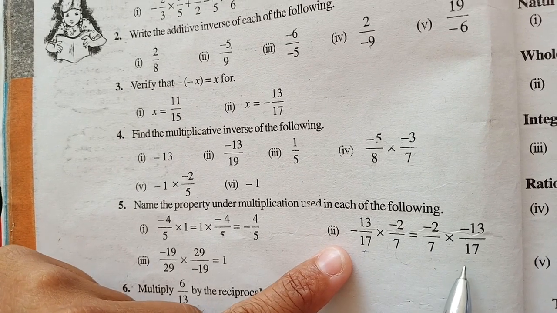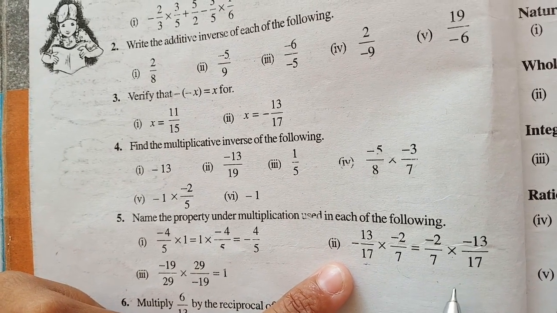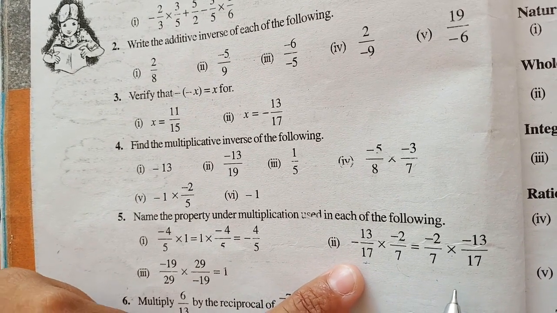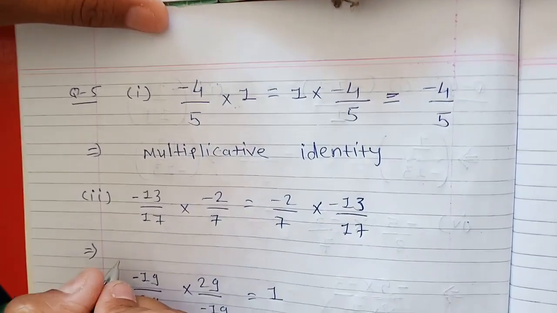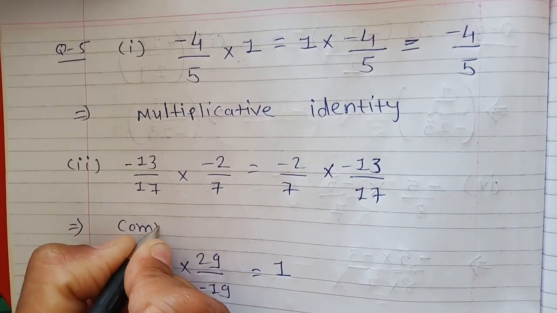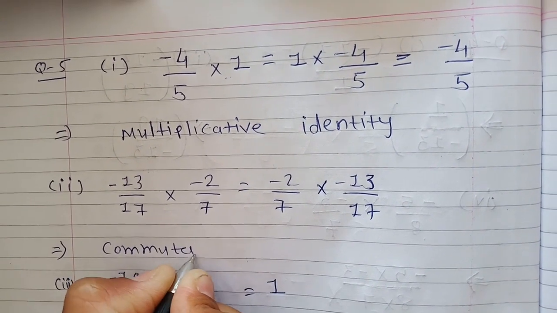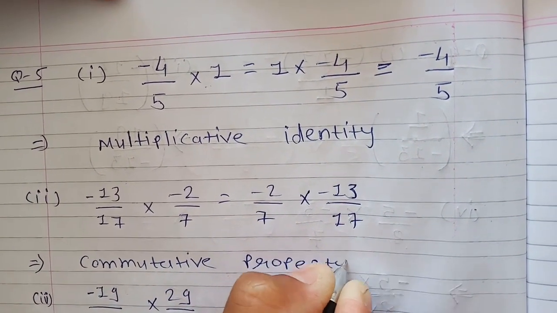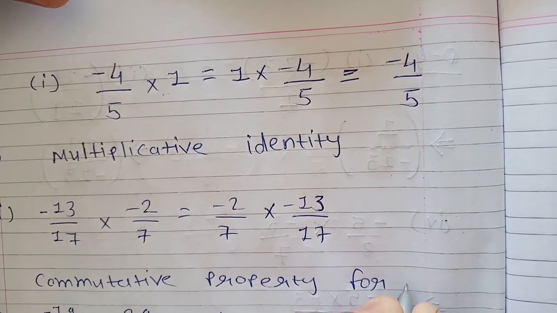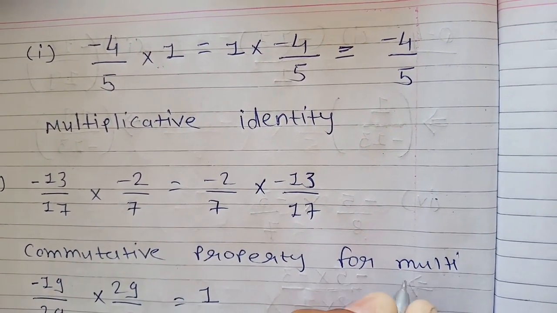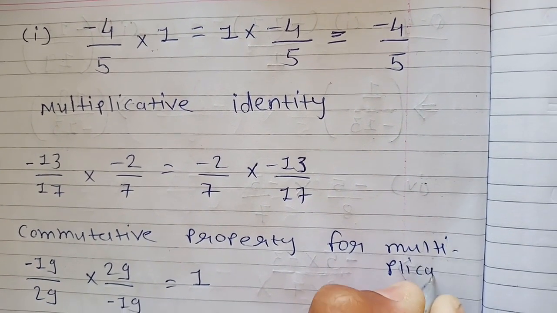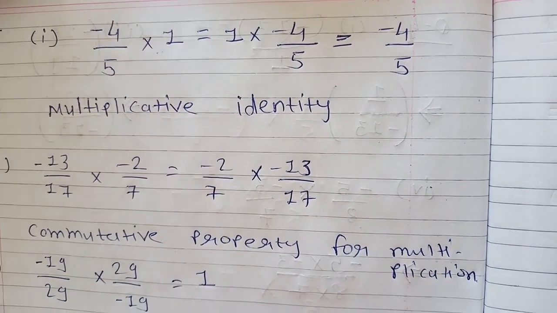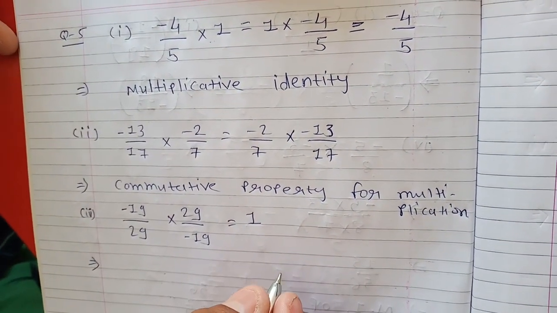Means here the order is changed. The place is changed. So which property is used? So we can say here the commutative property for multiplication is used.